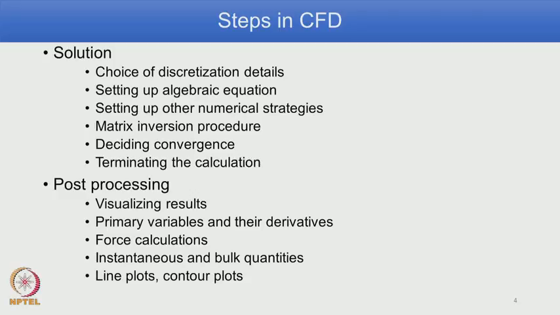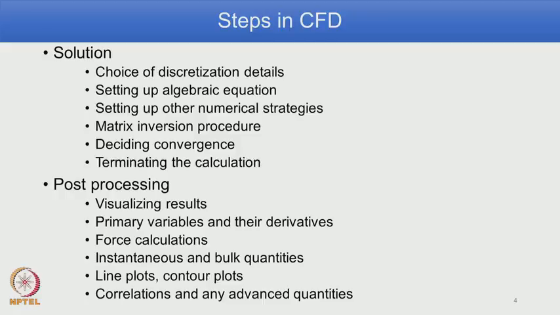You can represent the results either in line plots or contour plots or superimpose one plot over the other. Post processing, initially we do in simple form. You can also go to the advanced stage, like find out the correlation or where the minimum is, where the maximum is, etc. So, these are all stages in post processing.